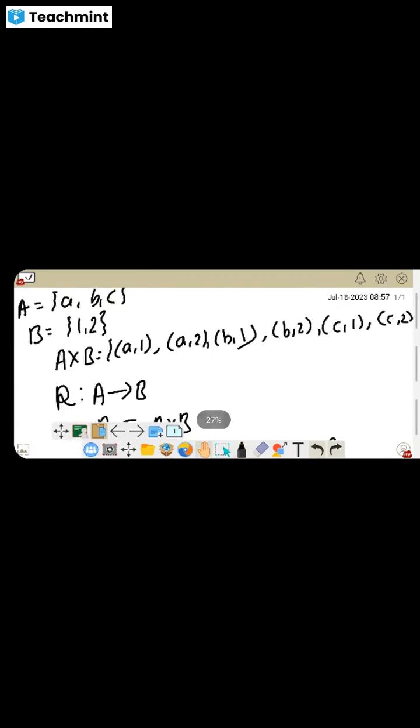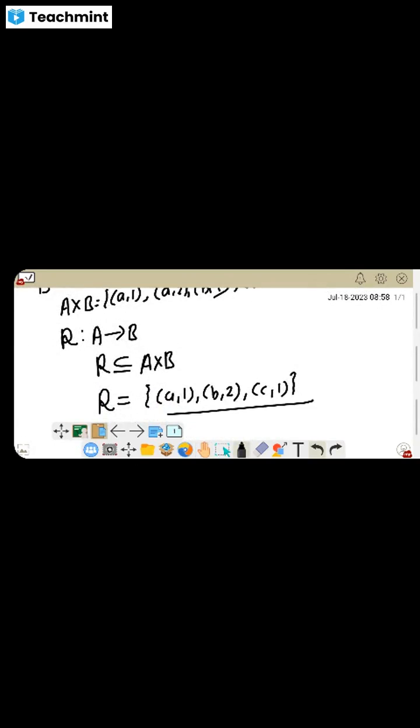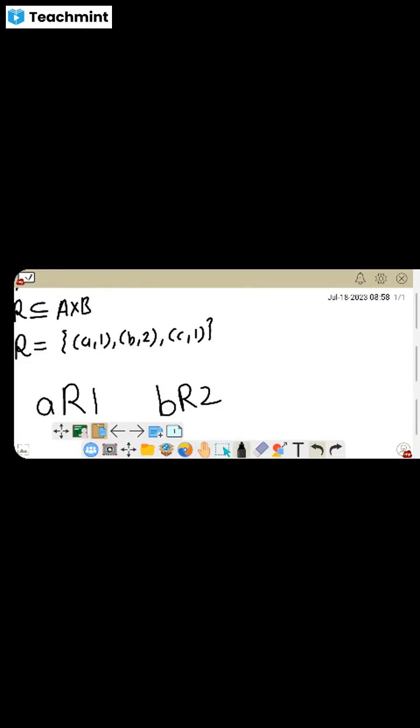So we can say this is a relation from A to B, and we can define it as A related to 1, B related to 2, and C related to 1.